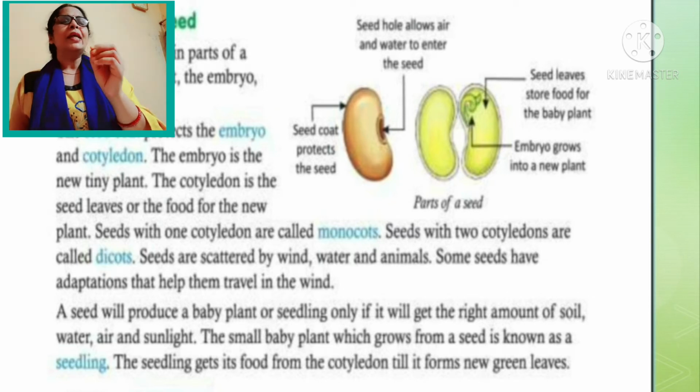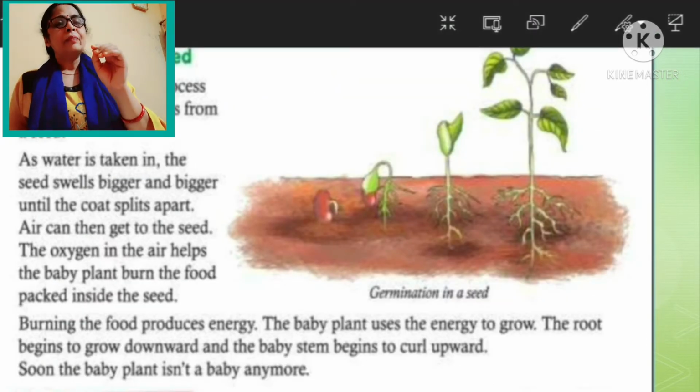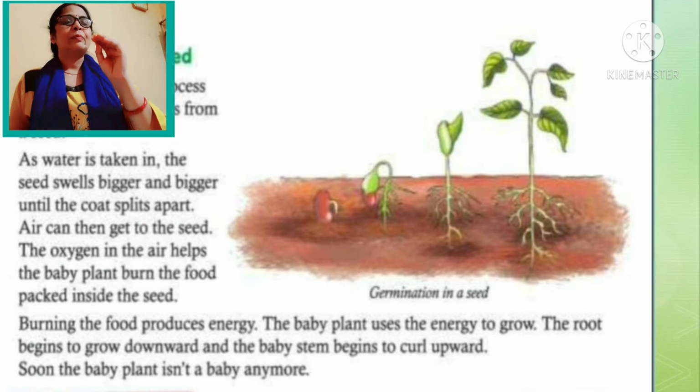If any condition is not present, then germination is not possible. If a seed gets all these conditions at the same time, it starts germinating, it starts converting into a new plant.